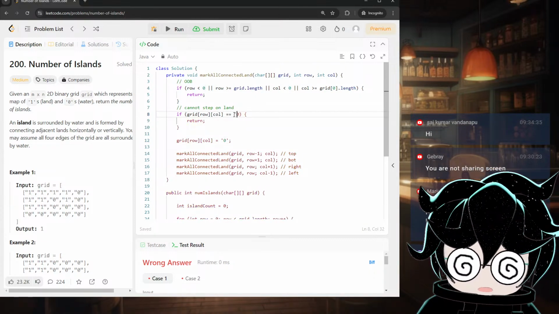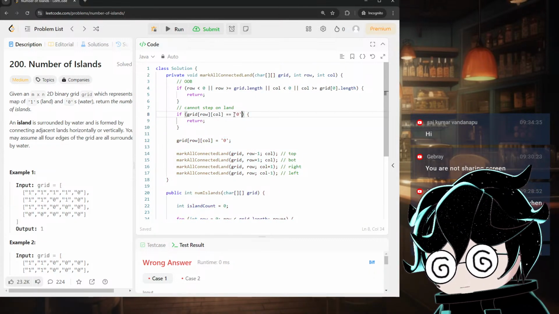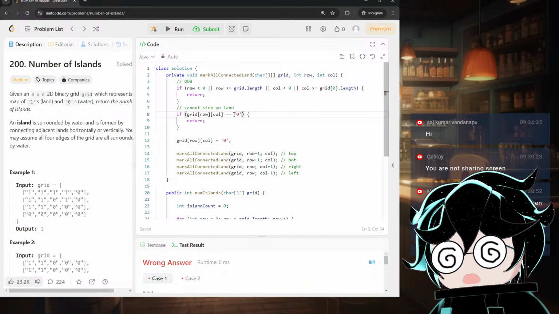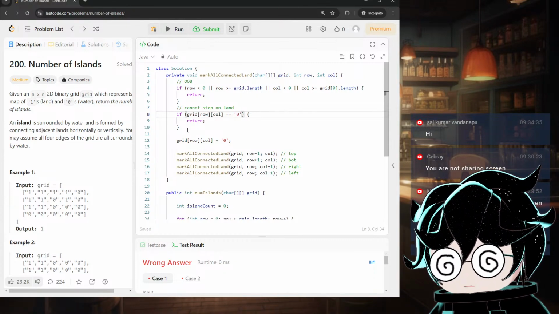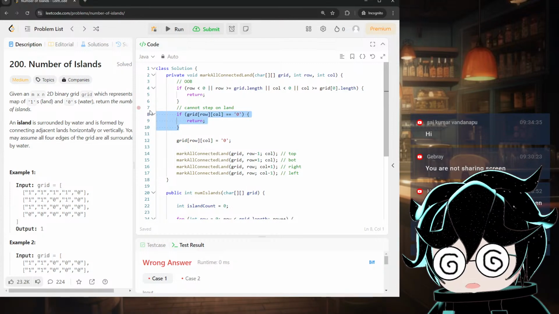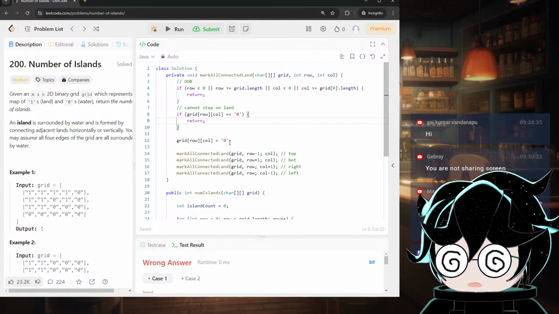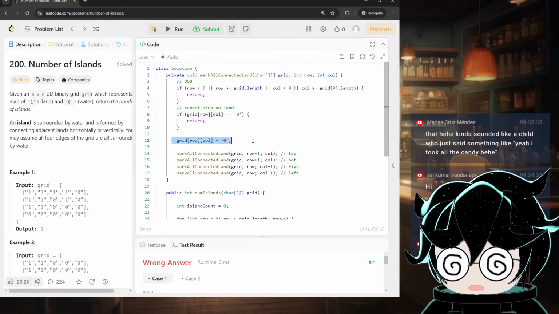This should be a character too. Right, okay, so if it's out of bounds, return. If I can't step on the land because I either visited or it's water, return. Else you visit it by marking it as 0, I guess.